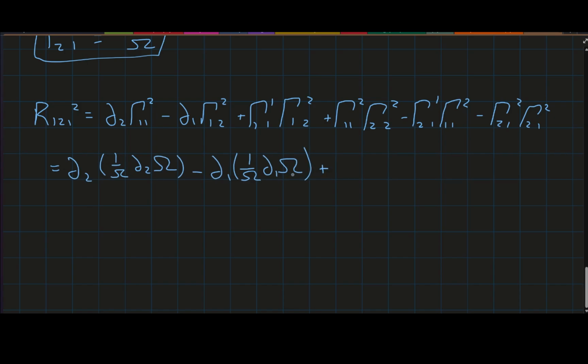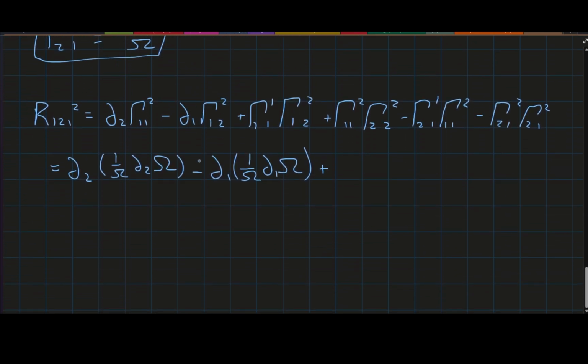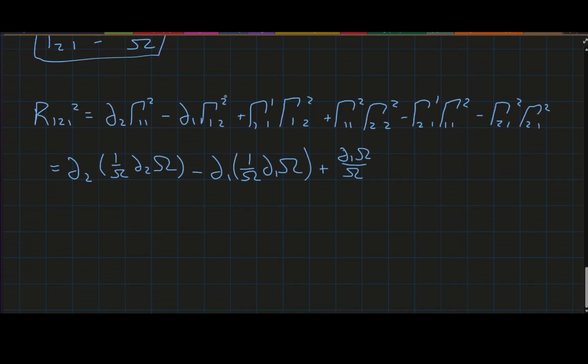Plus, okay, gamma 1, 1, 1 is delta 1 omega over omega. And then 2, 2, 2 is going to be delta 2 omega over omega. Oh, hold on a sec.